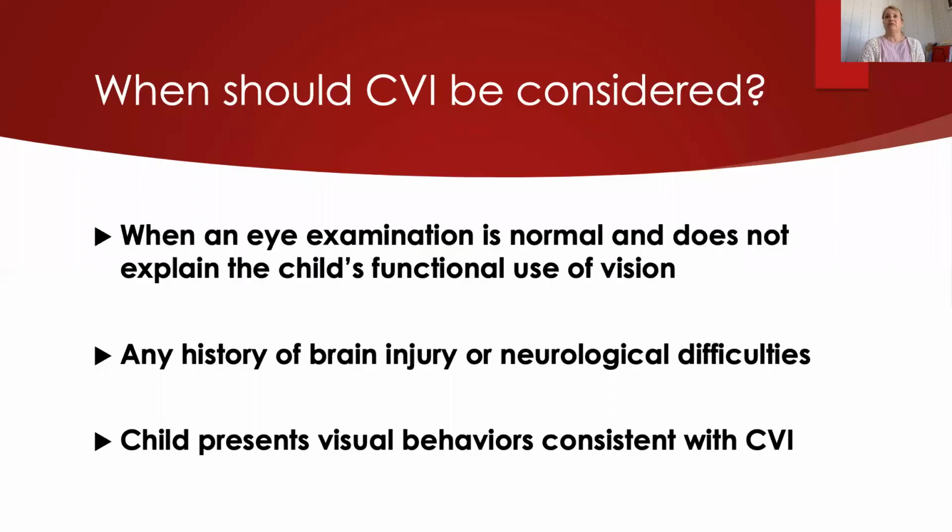So when should CVI be considered? There again, you can have, and that's often the case, a normal eye examination, but it doesn't explain how the child is using their vision. There is not a correlation there. It doesn't match up. We're like, gosh, they just took them to the eye doctor and the eye doctor says that this child's eyes are functioning normally.